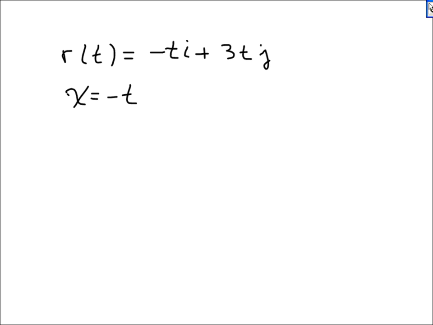Now, what if we had r of t equal to, say, negative ti plus 3tj. So we know that x is negative t and y is 3t.